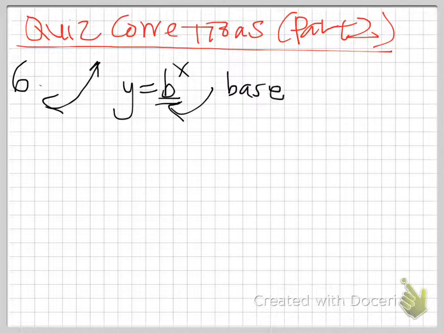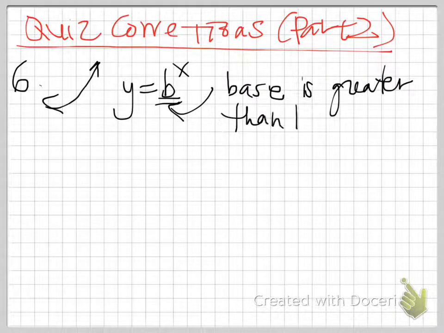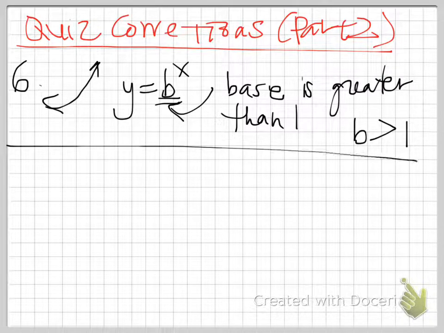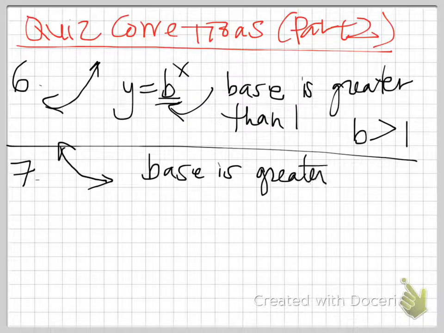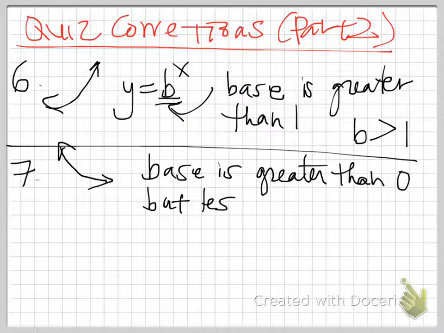So the base has to be greater than 1. In other words, you could have said b has to be greater than 1. So make sure you're using the proper vocabulary. An exponential graph decreases when the base is greater than 0 but less than 1.